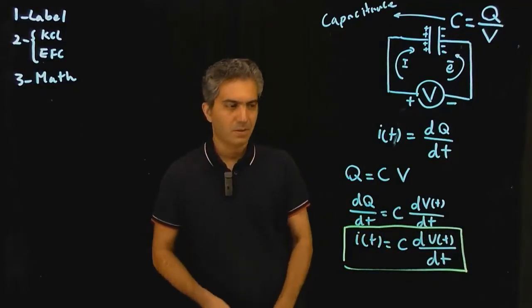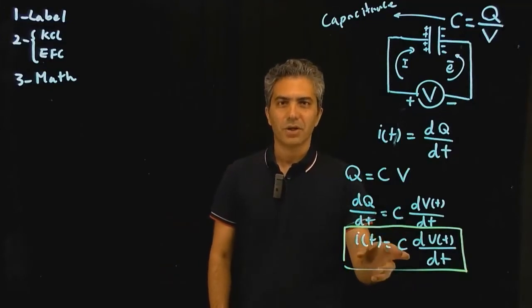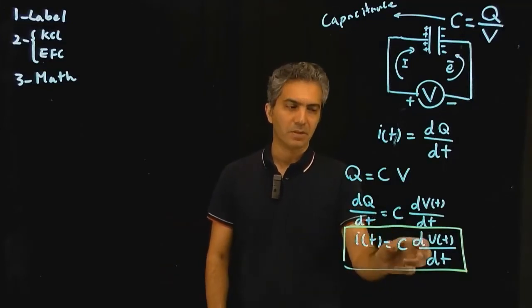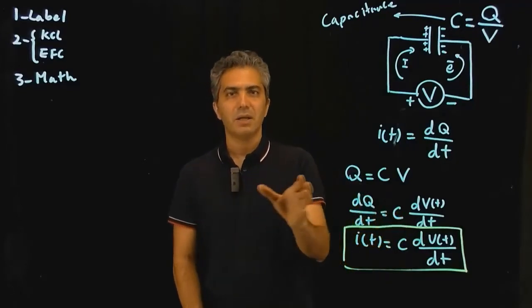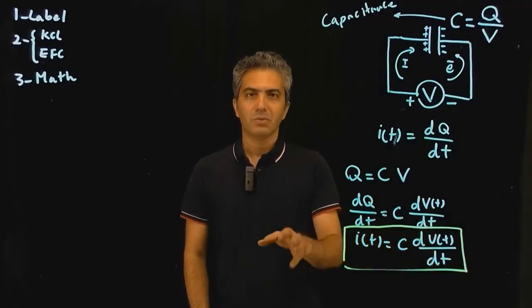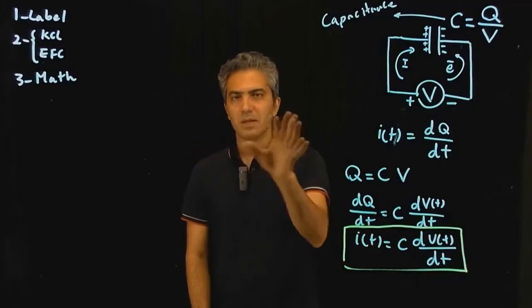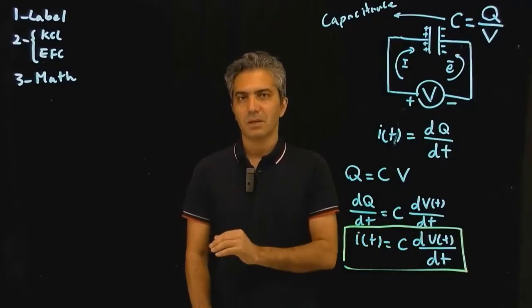Okay, so immediately you realize that this equation is no longer a linear equation. It's no longer similar to what we saw in resistors, where there was no dependency on time. With the resistors, sources and simple circuits that we have analyzed so far, we never saw any dependency on time.